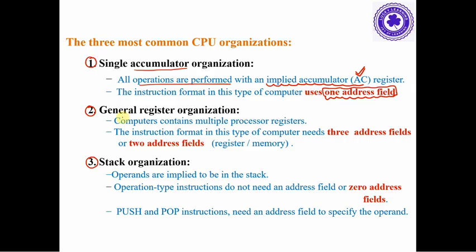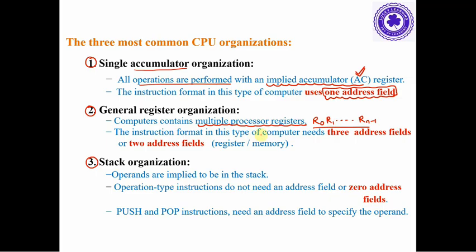And the second CPU organization is called general register organization. It means the computer contains multiple processor registers, numbered R0, R1, R2, up to Rn minus 1 when there are totally n registers.